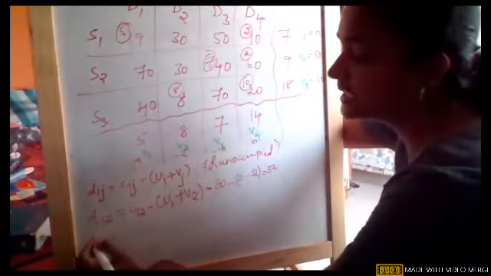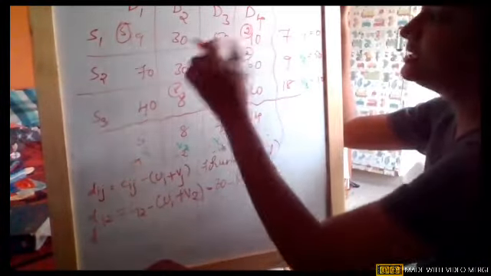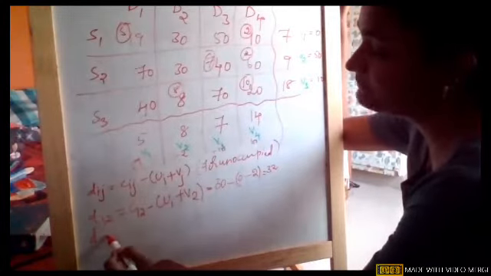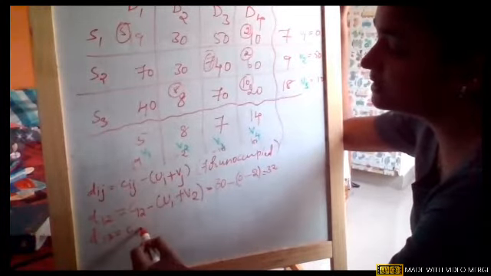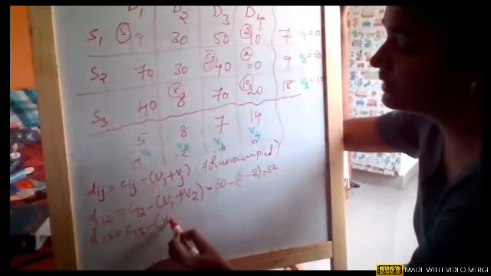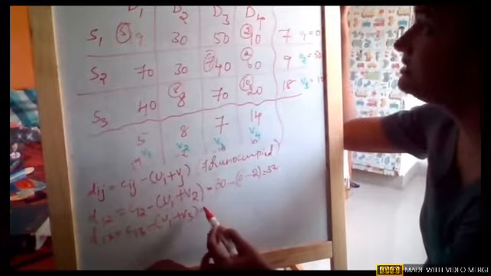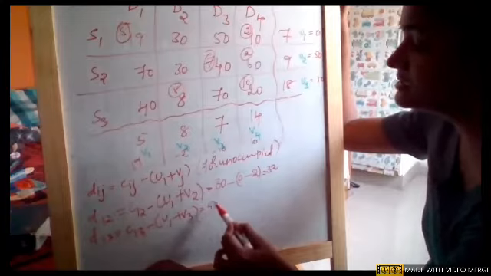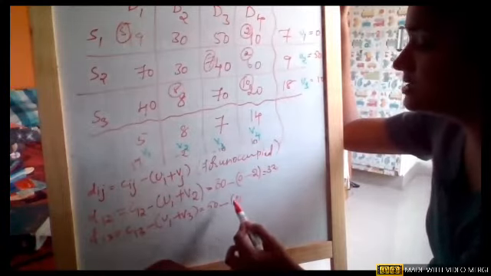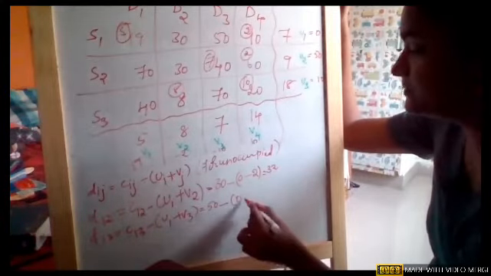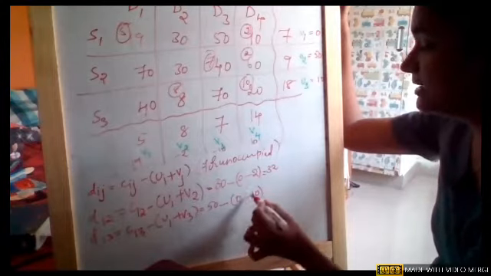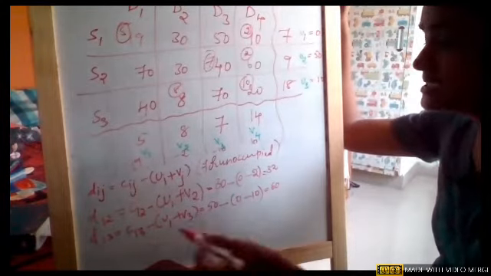Now my next unoccupied cell is D13, which is C13 minus U1 plus V3. The cost in C13 is 50 minus U1, which is 0, plus V3, which is minus 10. So 50 minus of minus 10 is 60.